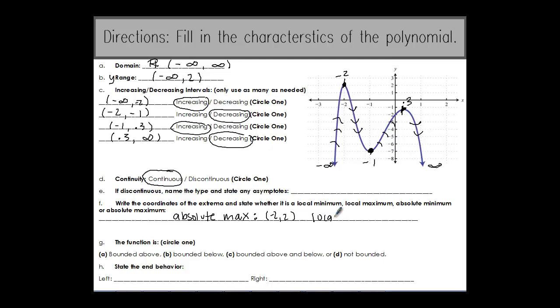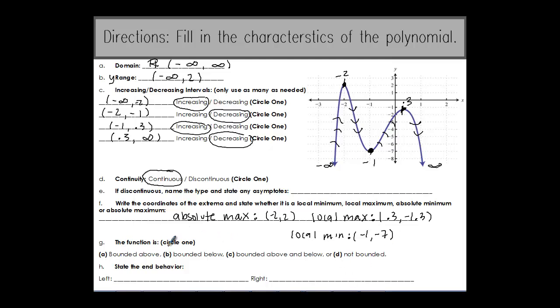It is considered local since it's not the absolute highest point. Happens right here at 0.3, negative 1.3. And then my local minimum happens down here. It is local because I have points going below it. So my local min happens at the point negative 1, negative 7.